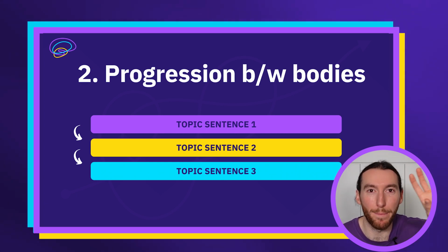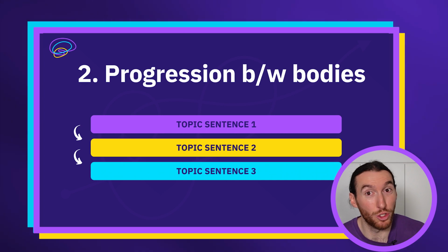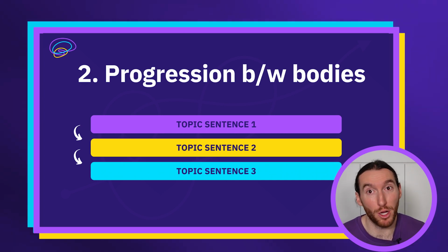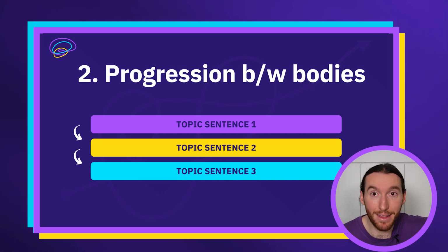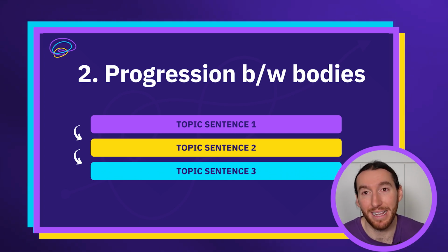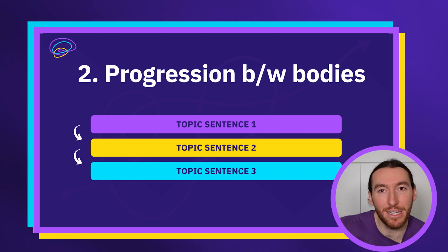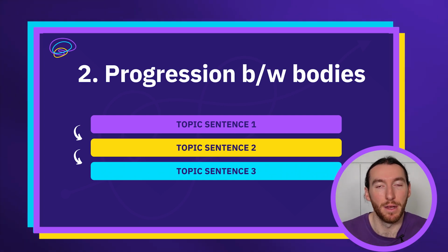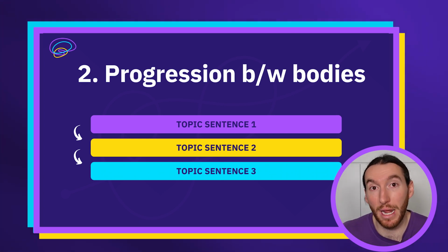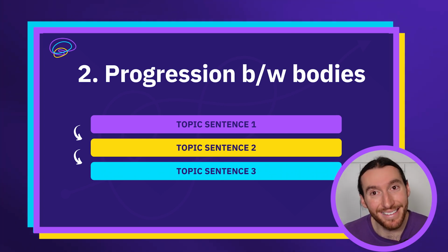Try and work from a problem towards a potential solution. A negative towards a positive. Negative, bad things to good things is a good way of structuring any kind of essay. And it might not be good things at the end. It might not be positive, but you're working towards the question or the possibility of something good happening, even if it doesn't happen in the text.